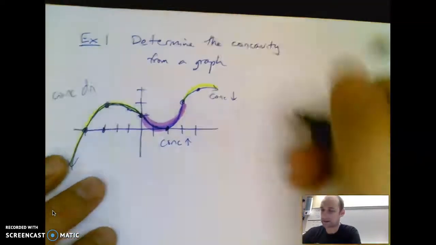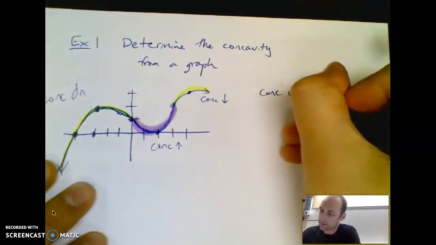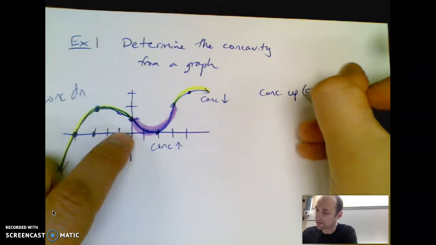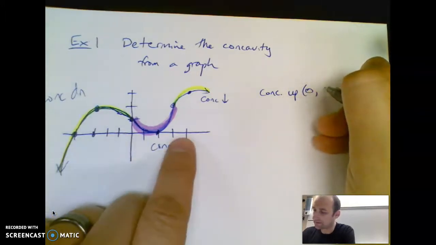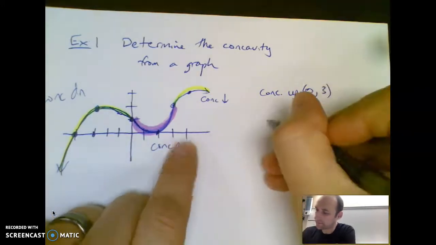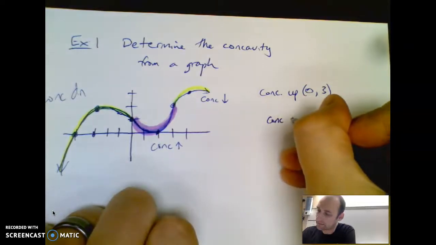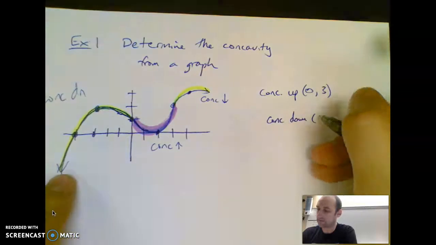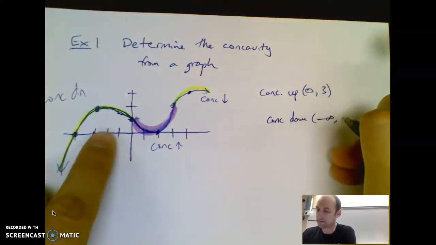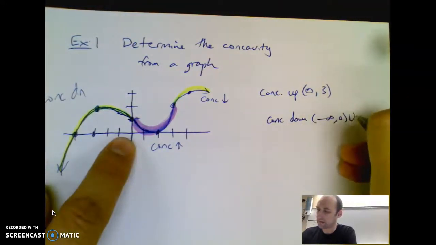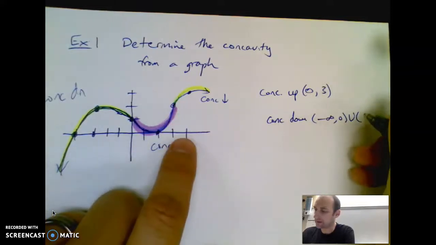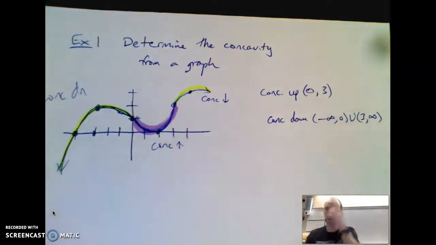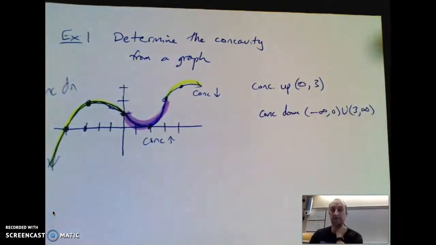So it's concave up from, and we just talk about x values, 0 to 3. It's concave down from negative infinity to 0, and there's my union, and from 3 to infinity. Okay, so that's just what it looks like.